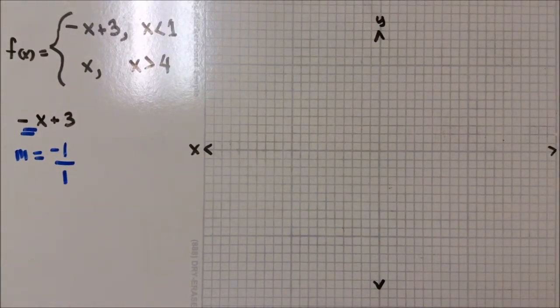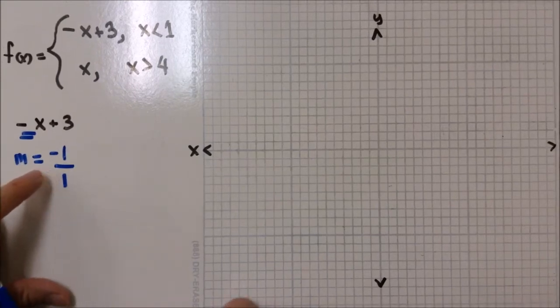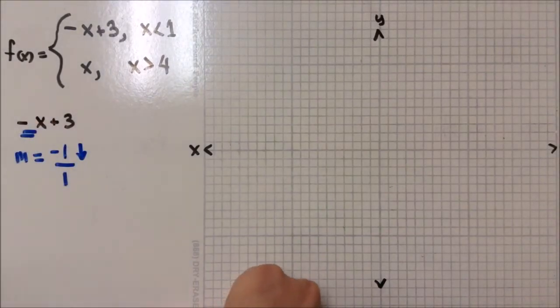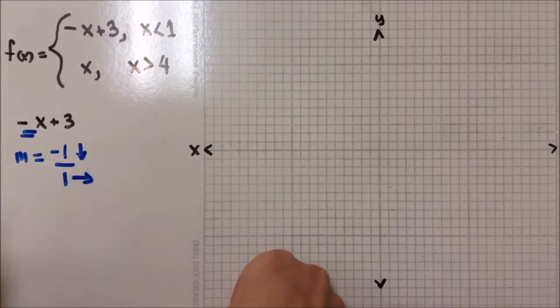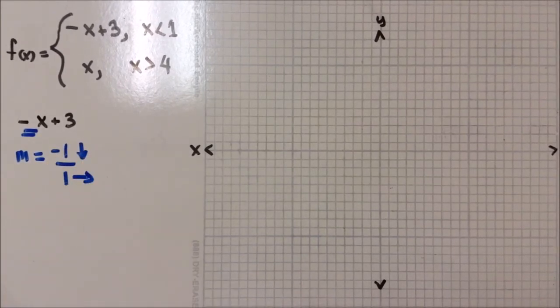Now, the top number would tell us if it's going to go up or down. Since it's negative, this is going to go down 1 unit. And then the bottom number will always go to the right. Now, that's the slope with our directions.